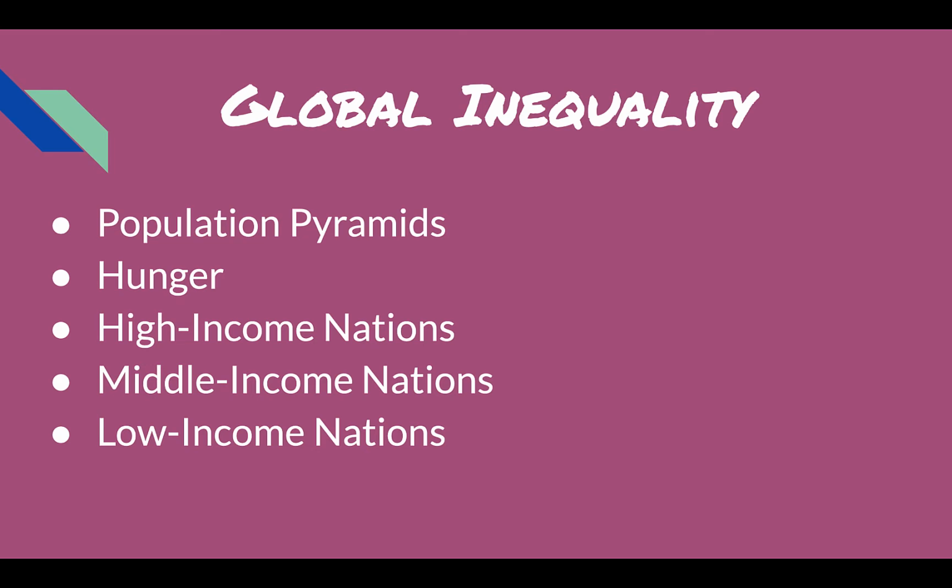So a couple tiny places in Europe, but mostly we're talking more about Latin America, some places in Asia, some places in Africa. And then low-income nations are on average very agrarian and poor. Most of those nations are found in Central Africa or Asia.